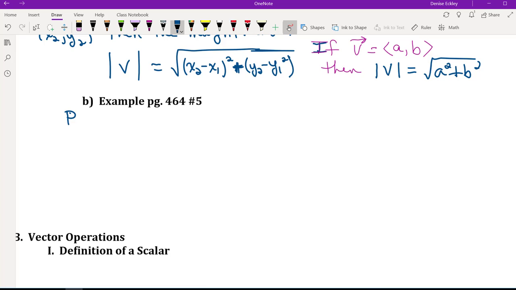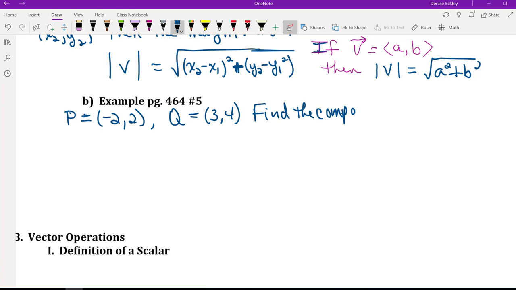We have P, which is at -2, 2, and we have Q, which is at 3, 4, and we want to find the component form and magnitude of vector PQ.